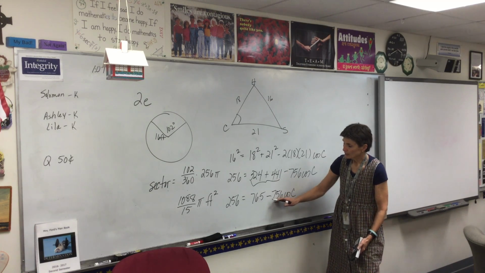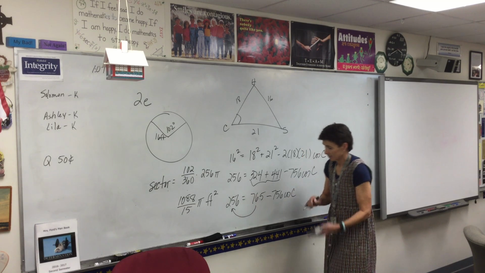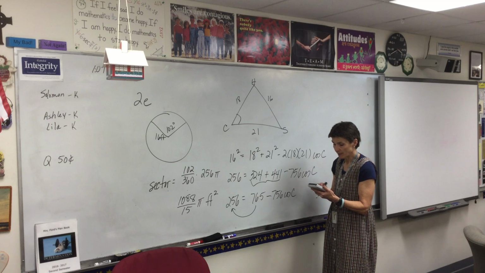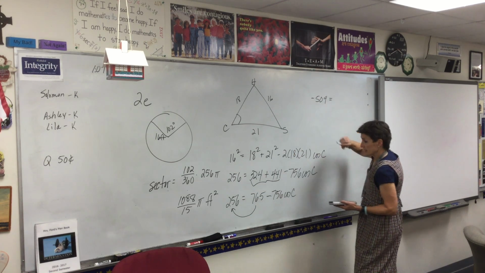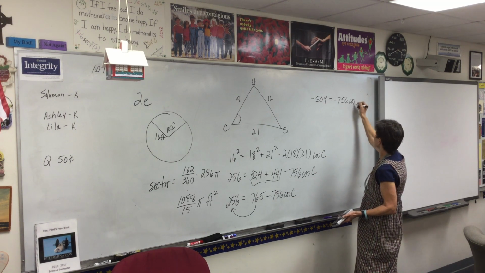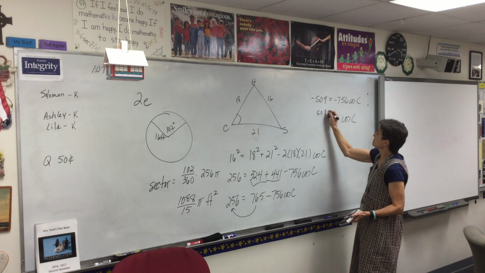Now do not subtract; instead, subtract this over to here. So 256 minus 765. So I got negative 509 equal to negative 756 cosine C. So then I'll divide. The negatives will cancel.